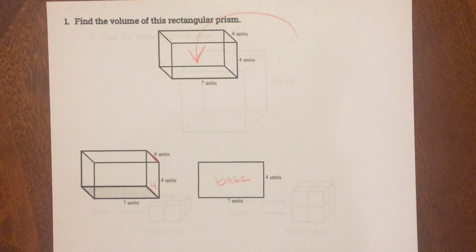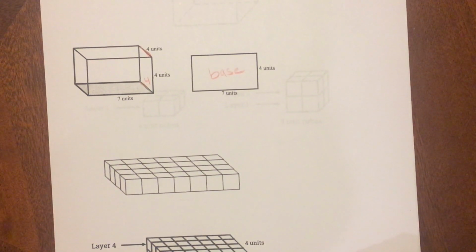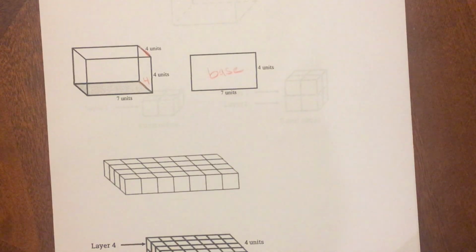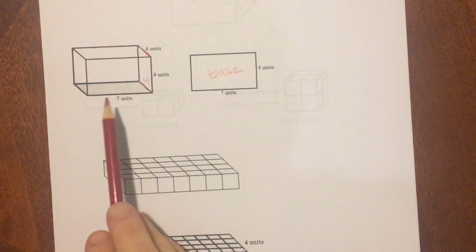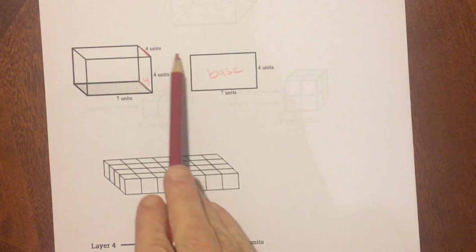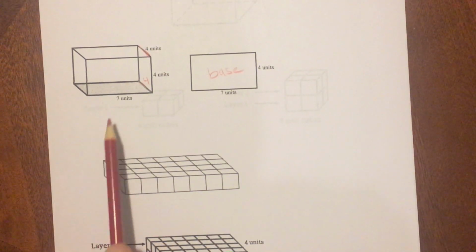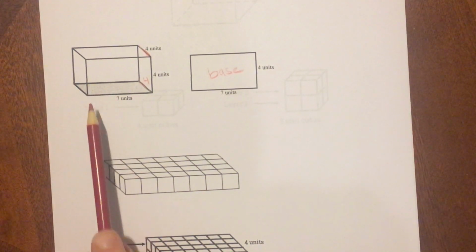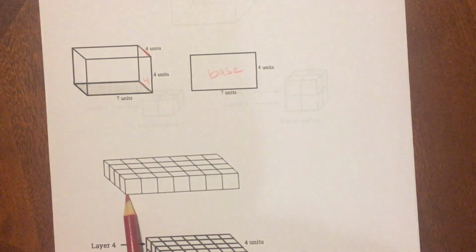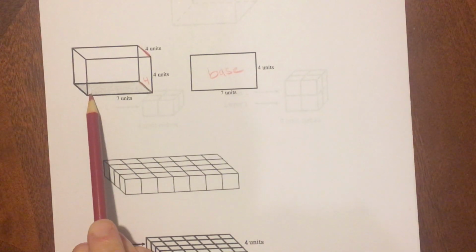Okay, just to go a little further, what volume really means, and this is where the cubed comes in again, is we're going to pretend that we're filling this bottom with cubes. We're going to fill the whole shape with cubes. Notice the 7 here, I could put 7 cubes along that one: 1, 2, 3, 4, 5, 6, 7.